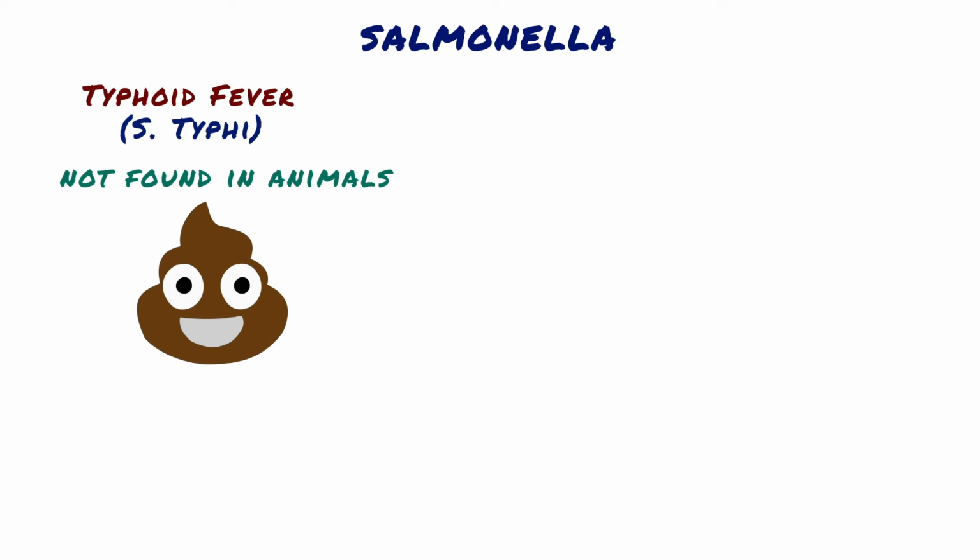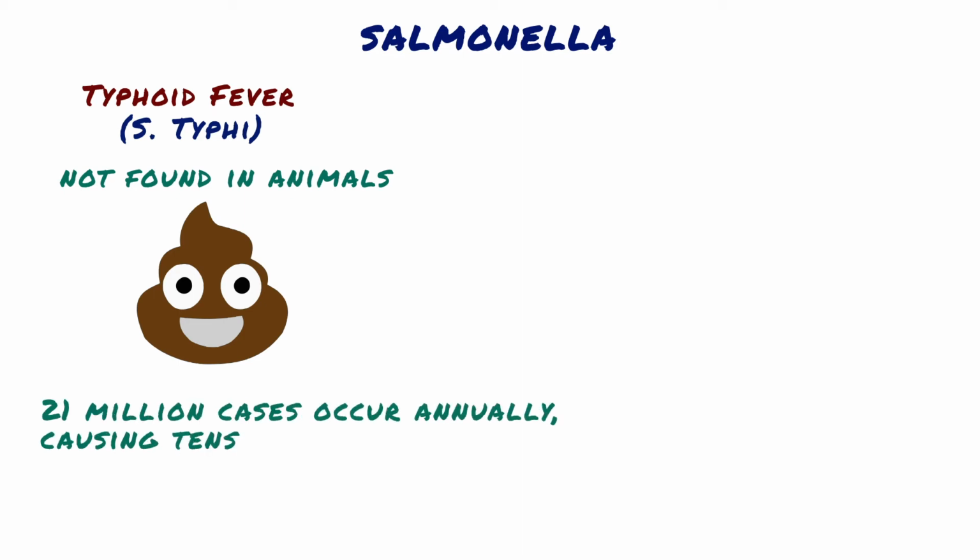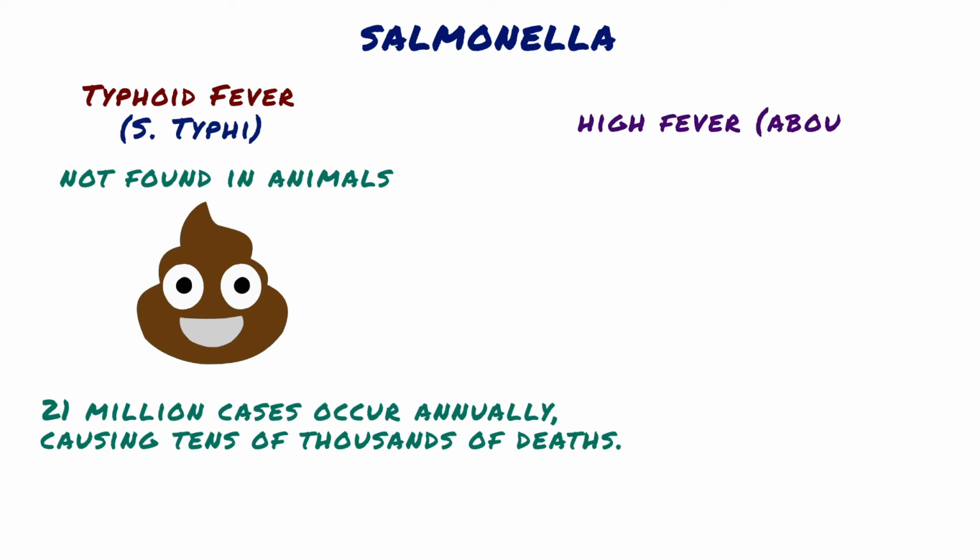Before the days of proper sewage disposal, water treatment, and food sanitation, typhoid was an extremely common disease. Typhoid fever is still a frequent cause of deaths in parts of the world with poor sanitation. Globally, an estimated 21 million cases occur annually, causing tens of thousands of deaths. The patient with typhoid fever suffers from a high fever of about 40 degrees centigrade and continual headache.